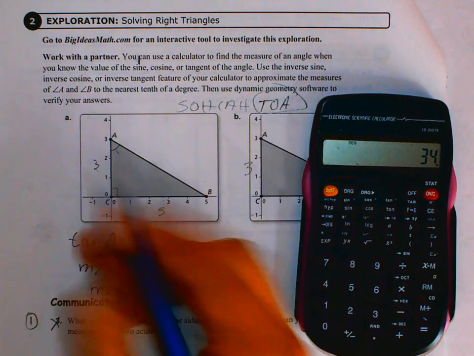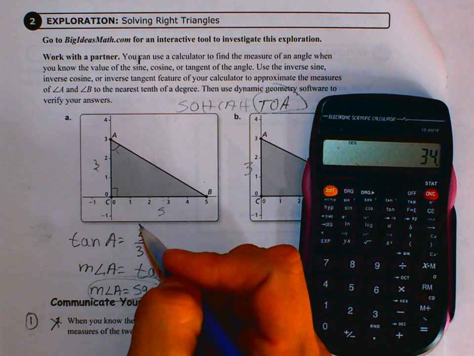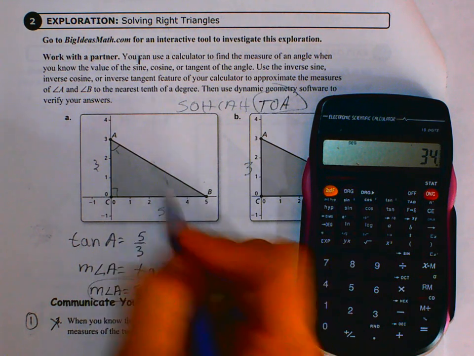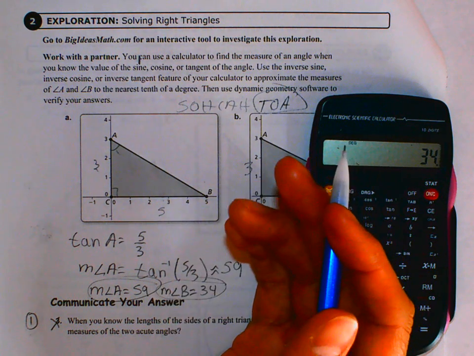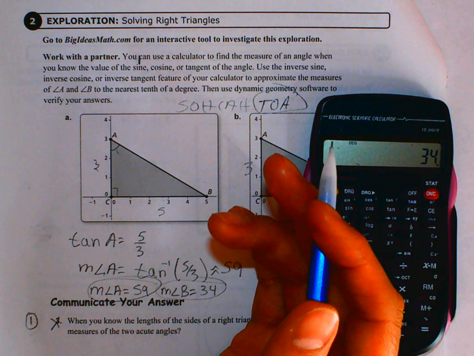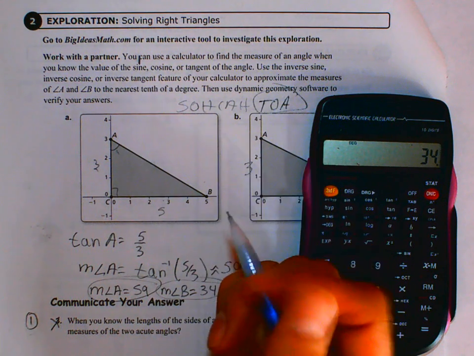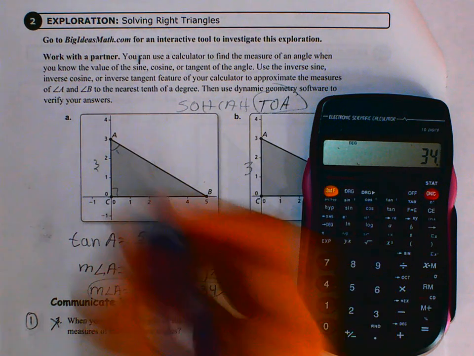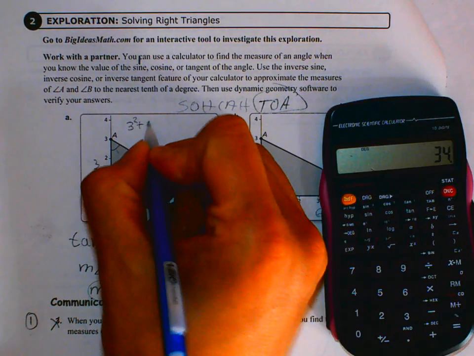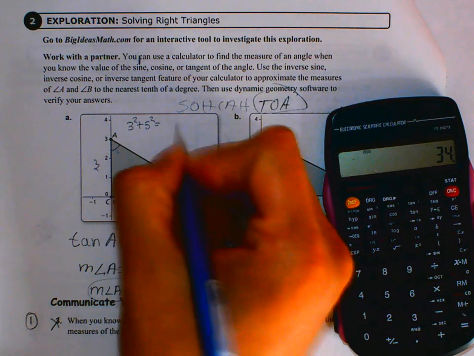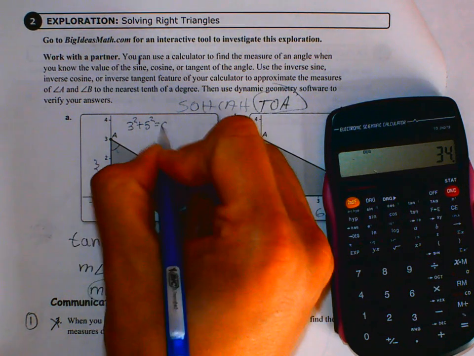But that's easy. You have 2 of the sides. So in order to find out what that side is, all you have to do is Pythagorean theorem. Do you have to use the trig ratio? You could. You're not going to get the wrong answer. But honestly, Pythagorean theorem works better for this case. So 3 squared plus 5 squared equals, well, segment AB, I'm going to call it c squared.